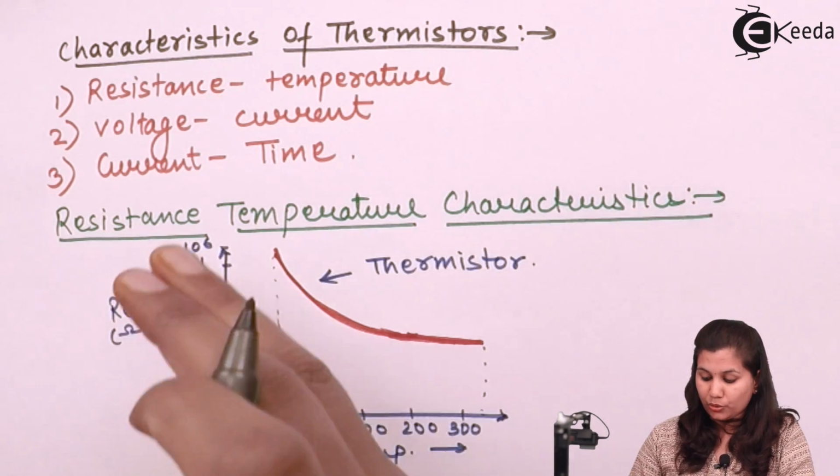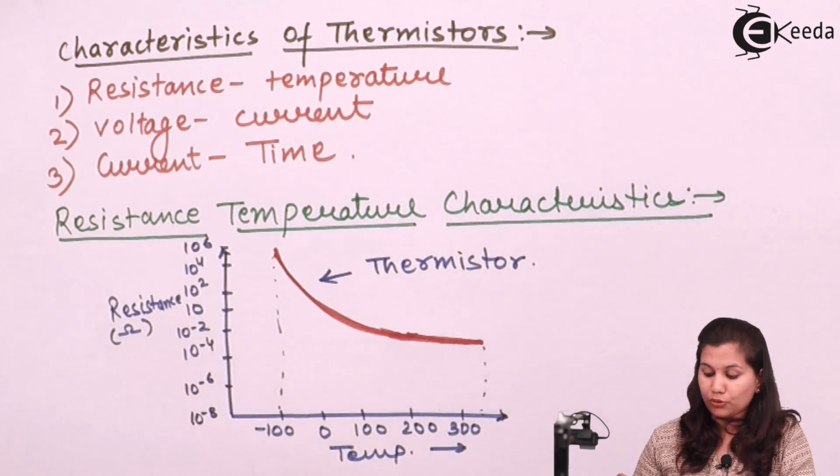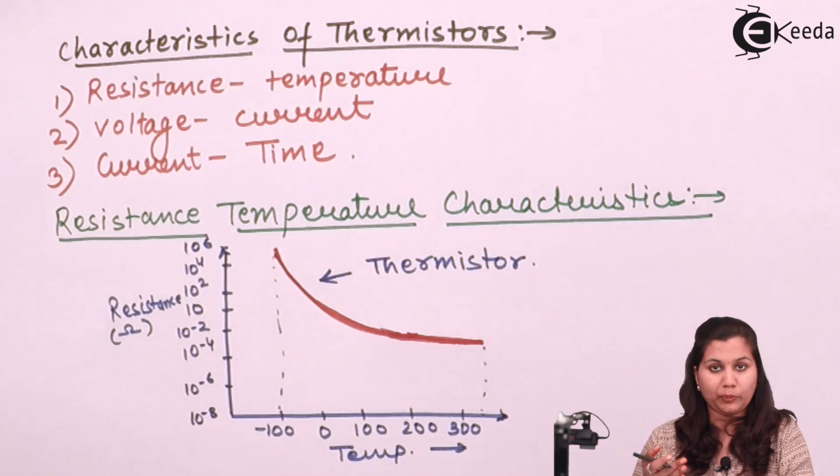So this shows that the relationship between resistance and temperature of a thermistor is non-linear. You can see that the resistance is decreasing exponentially.